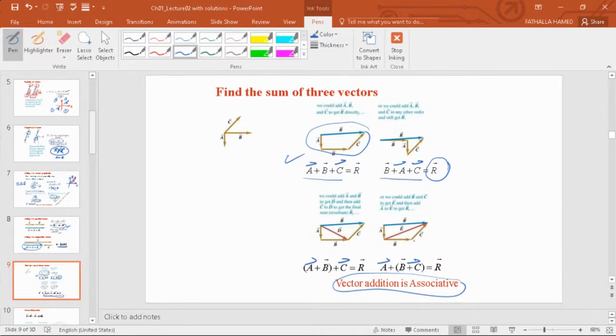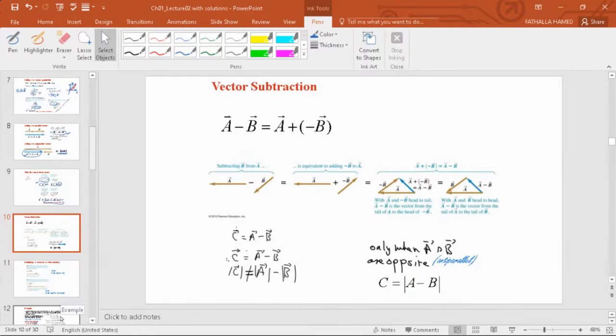Or I can add C to B, and then I will get an E, and then I will add E to A. That's why here we have A plus B added to C, which gives me R, or I add B plus C to A, and I get R. So you can choose which vectors you want to add first, and then you add them to the third one, and that's why we say that this is associative. This is basically how we deal with vector additions.